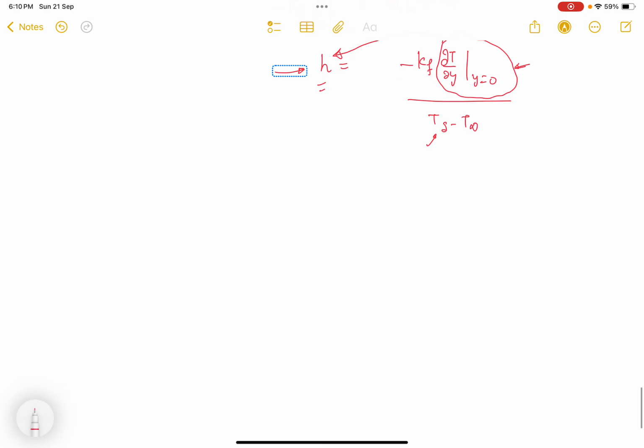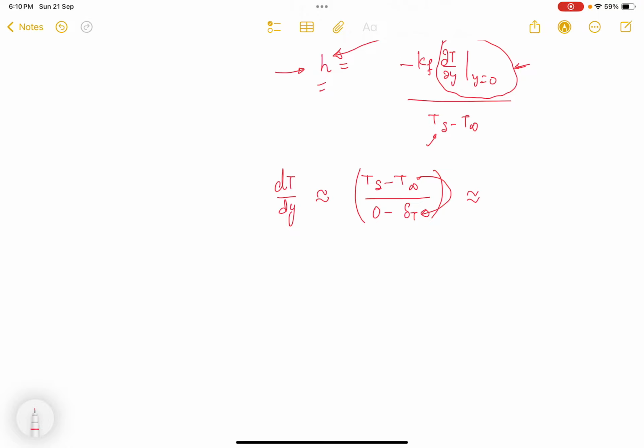So if we write this temperature gradient approximately, it will be like Ts minus T infinity divided by, at surface temperature we will be having 0 length distance, and where T infinity is there we will be having the boundary layer thickness, right?